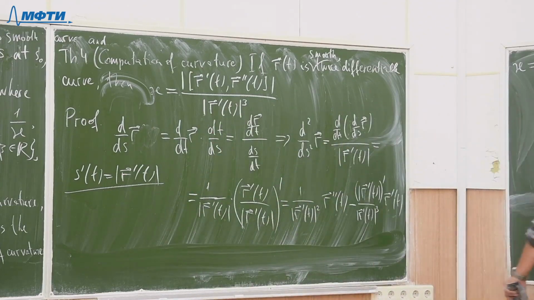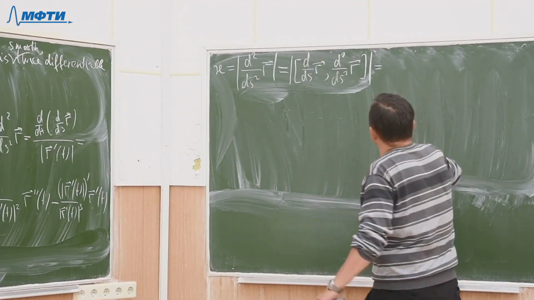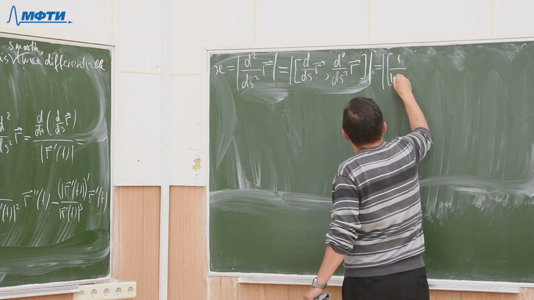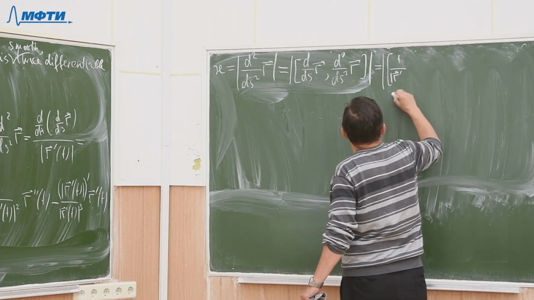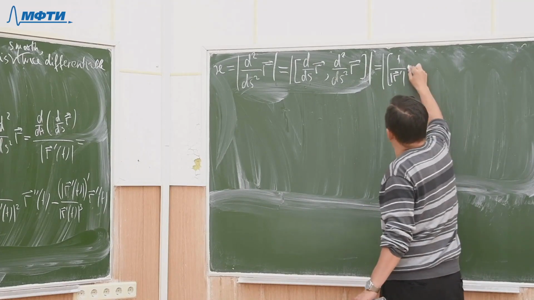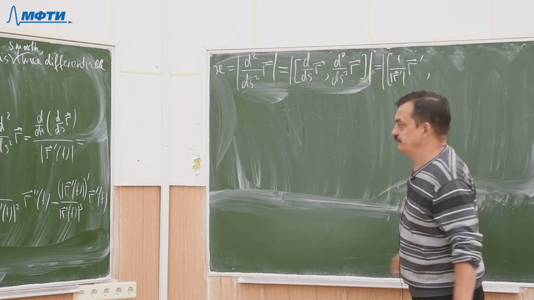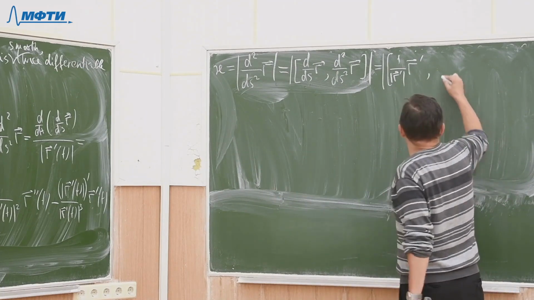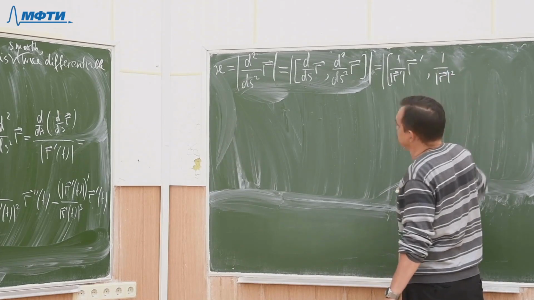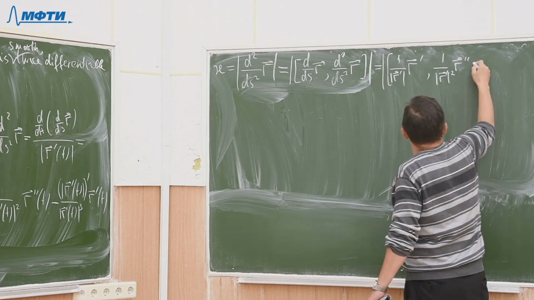Okay, then what do we obtain? So dr over ds is 1 over the length of r prime times r prime, right? And here, once again, I forget about t, 1 over the length of r prime squared times r double prime.